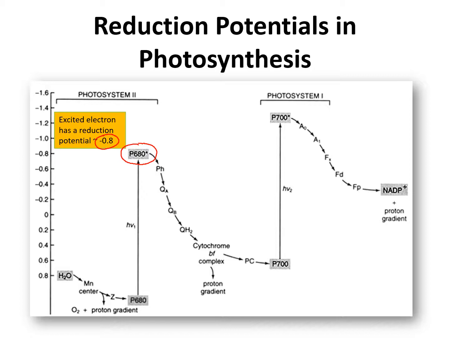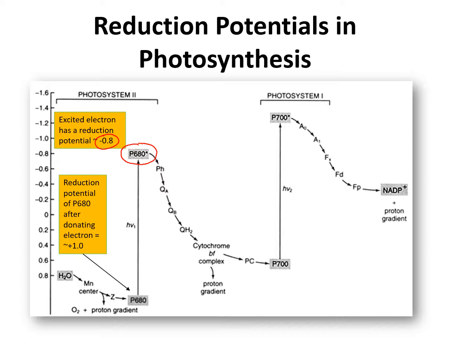In other words, that electron wants to go somewhere. It can be pulled by anything that has a reduction potential higher than minus 0.8. Minus 0.8 is as high as we've seen so far in class. So that's key.